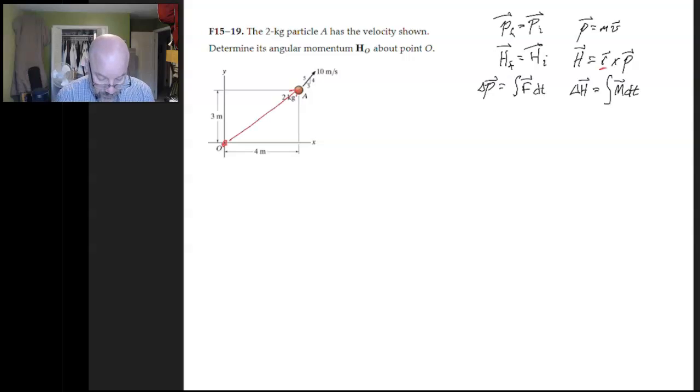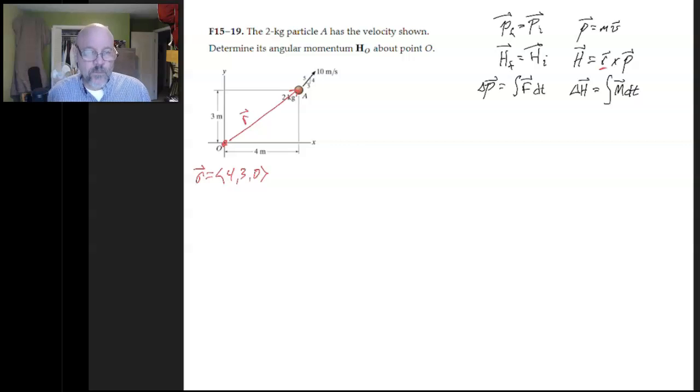R is, in this case, over 4, up 3. I'm going to do this as if we're in 3 dimensions. We're not, but when we get ready to calculate this, it's really helpful to do it in 3 dimensions, which will make more sense in a second.